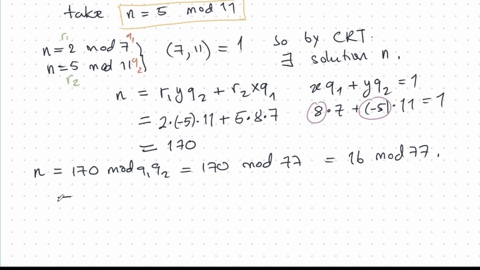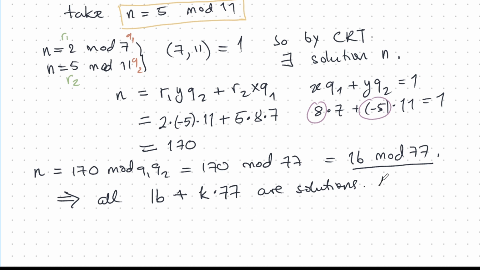What does that mean? We also proved that any number congruent to 16 mod 77 is also a solution. So all numbers of the form 16 plus k times 77 are solutions.